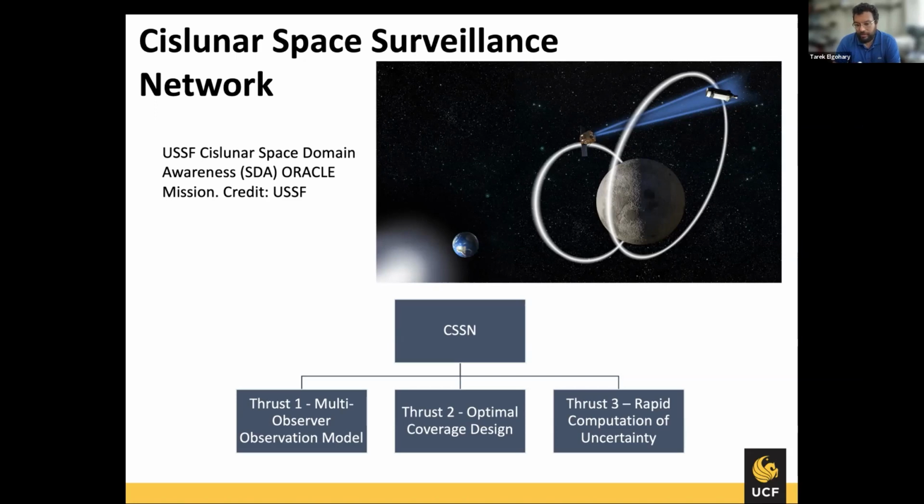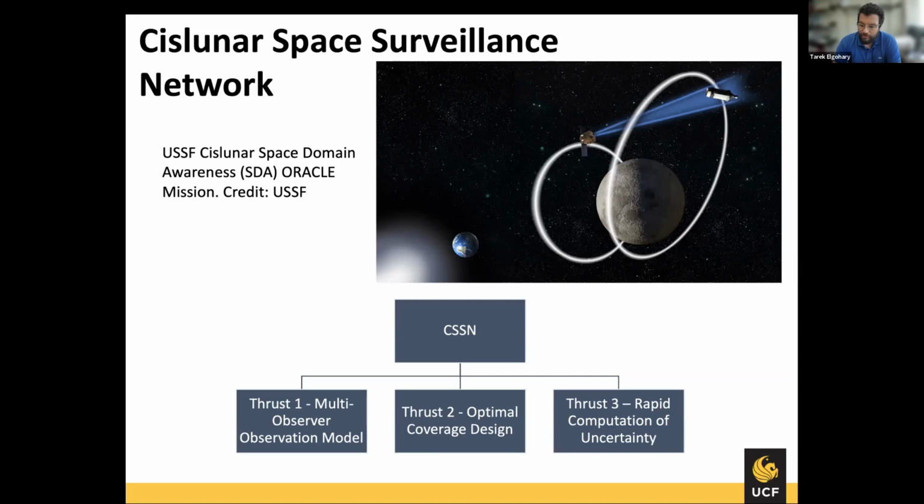Obviously, the orbits around the Moon are of interest to commercial space, people who want to land stuff on the Moon, the Gateway by NASA, and so on and so forth. So there is a lot of interest from NASA, from the DoD, from various places to understand cislunar space and to provide surveillance in cislunar space.